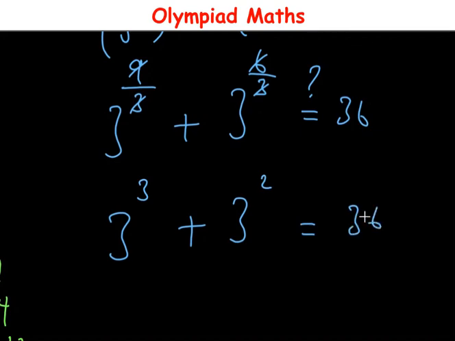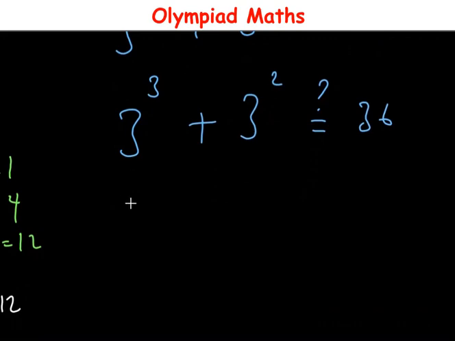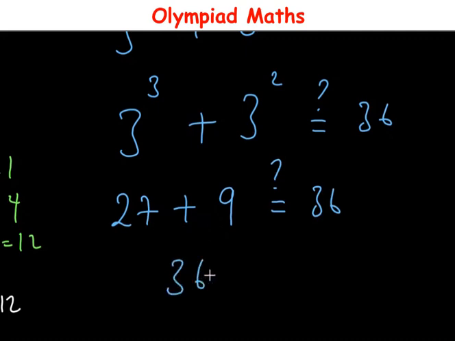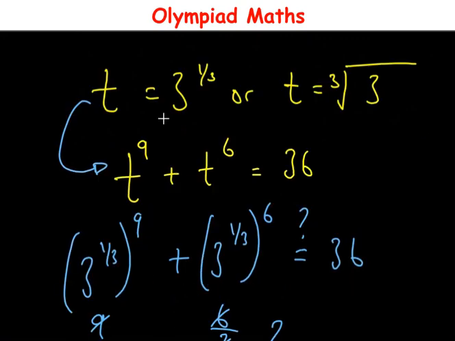Now 3 raised to power 3 is equal to 27, plus 3 squared, which is 9. Adding up 27 plus 9, the value is equal to 36, and this is equal to 36. So this means that the solution of t that we got, 3 raised to power 1 over 3, or t equals the cube root of 3, is the correct solution.